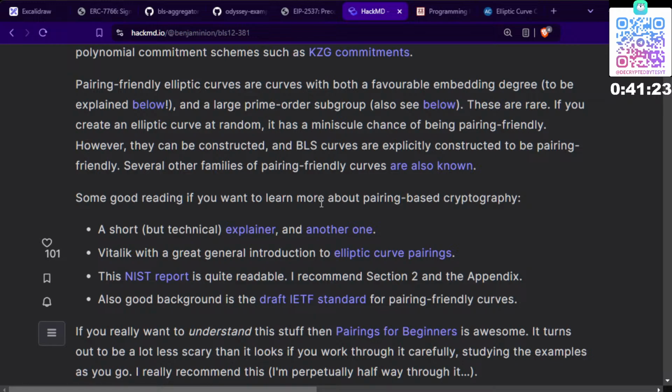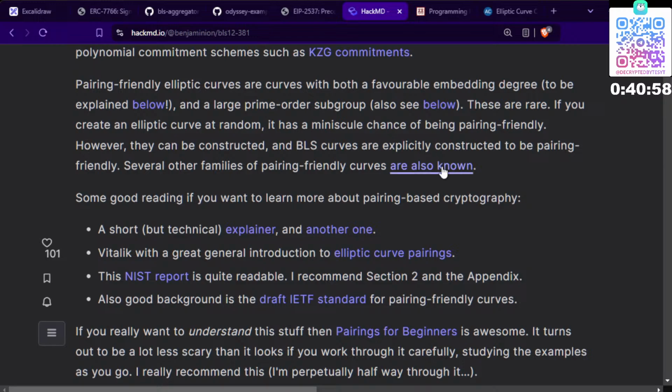These are rare. If you create an elliptical curve at random, it has minuscule chances of being pairing friendly. However, they can be constructed, and BLS curves are explicitly constructed to be pairing friendly. Several other families of pairing friendly curves are also known.